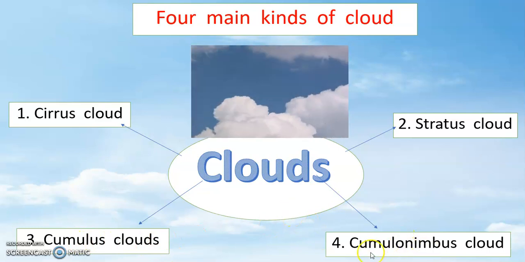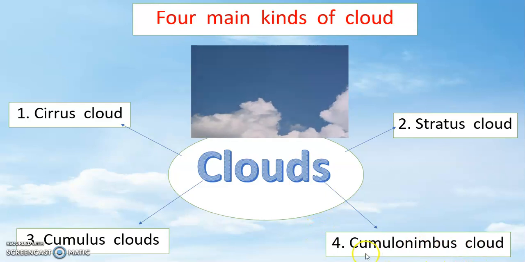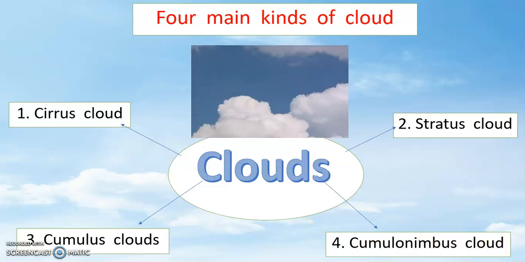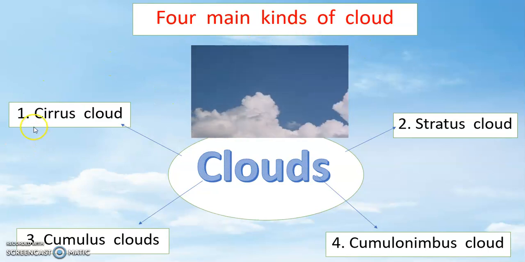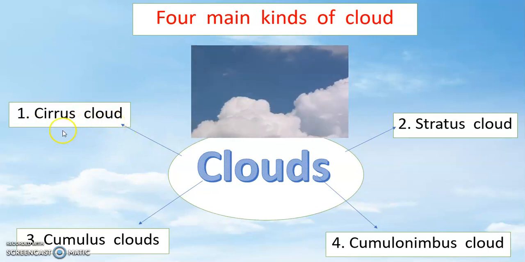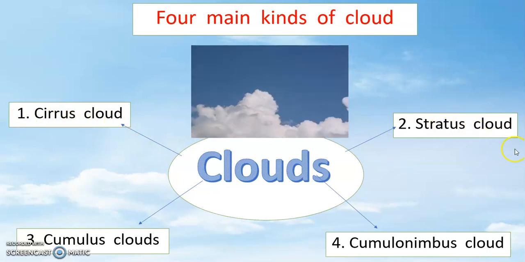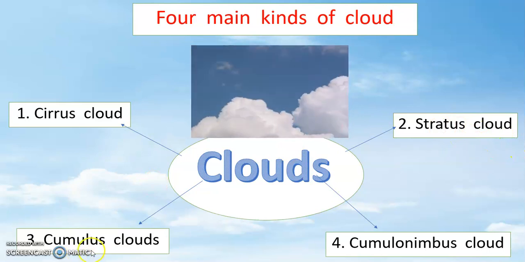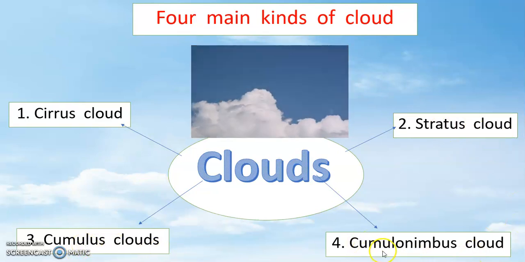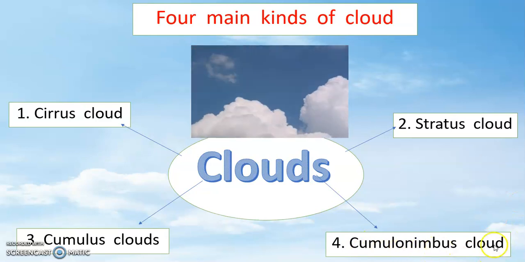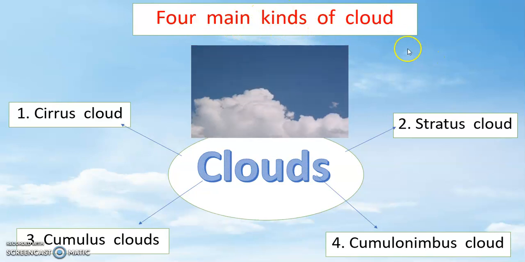And number 4, cumulonimbus clouds. Those are the 4 main kinds of clouds.